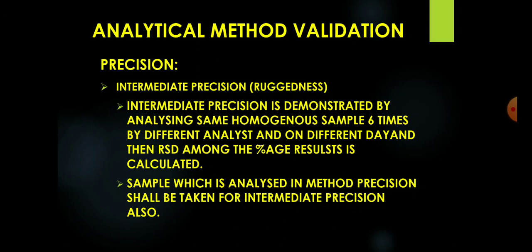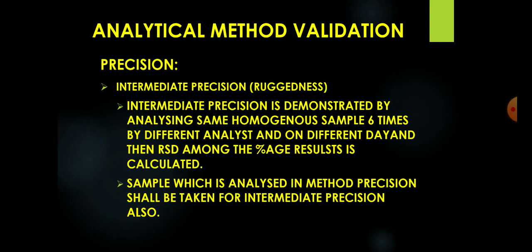Then last comes intermediate precision for the precision study. Intermediate precision is also known as ruggedness. Intermediate precision is demonstrated by analyzing the same homogeneous sample 6 times by different analysts and on a different day, and then the RSD among the percentage results is calculated.